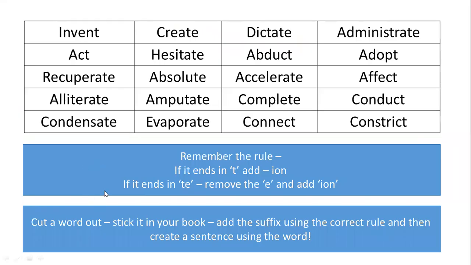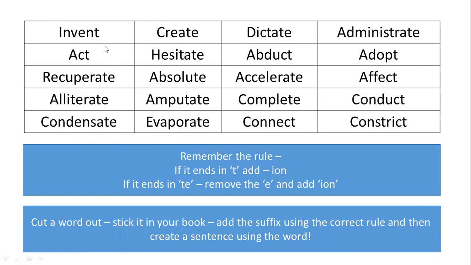Okay, here we have a list of words. We can rewrite them in our copybook to add the correct suffix. We have two types of words. We have words that have T only at the end.